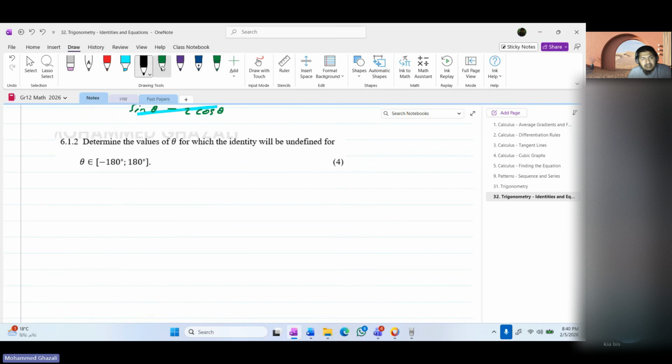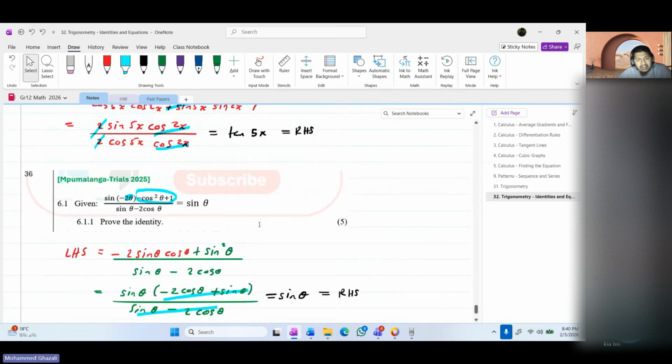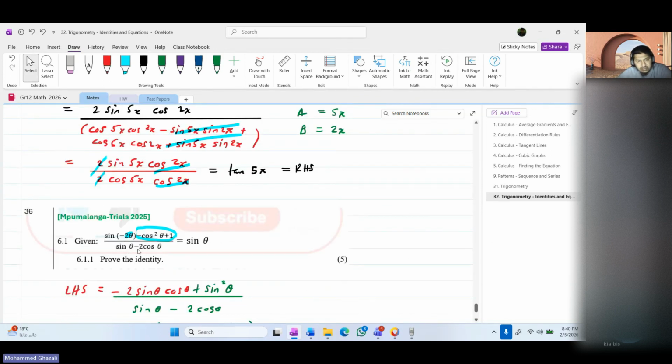So take this over to the other side and just make it equals. Then you'll get undefined or invalid. So sine theta equals 2 cosine theta.